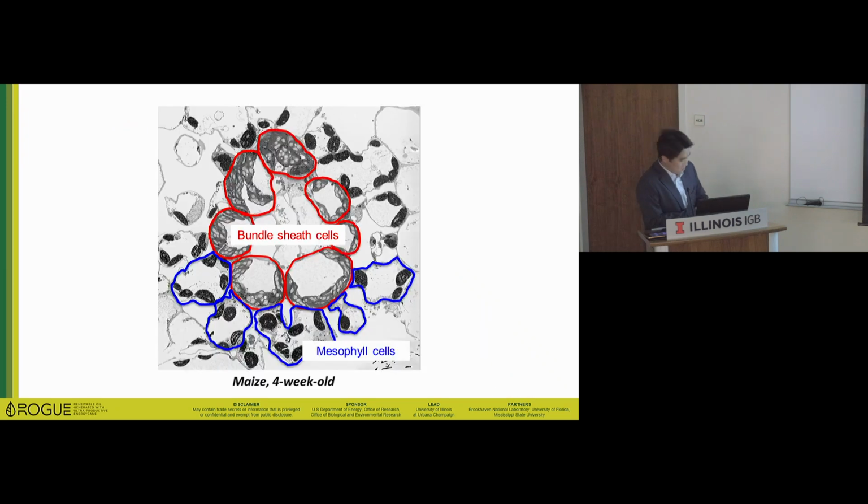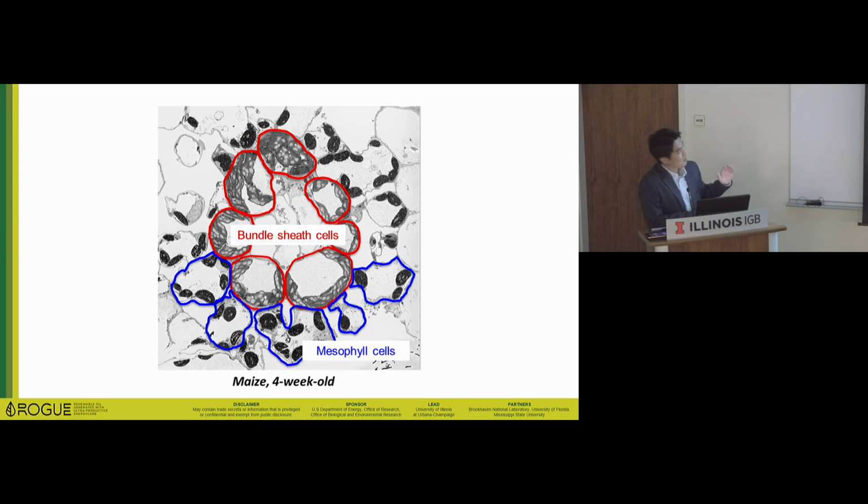One possible explanation is this: this is the leaf cross-section image in maize. Red color indicates the bundle sheath cell, and blue color indicates the mesophyll cell. As I mentioned in the first slide, I asked you to remember only one thing: a C4 plant has two cell types, the mesophyll and the bundle sheath cell. They try to exchange metabolites.